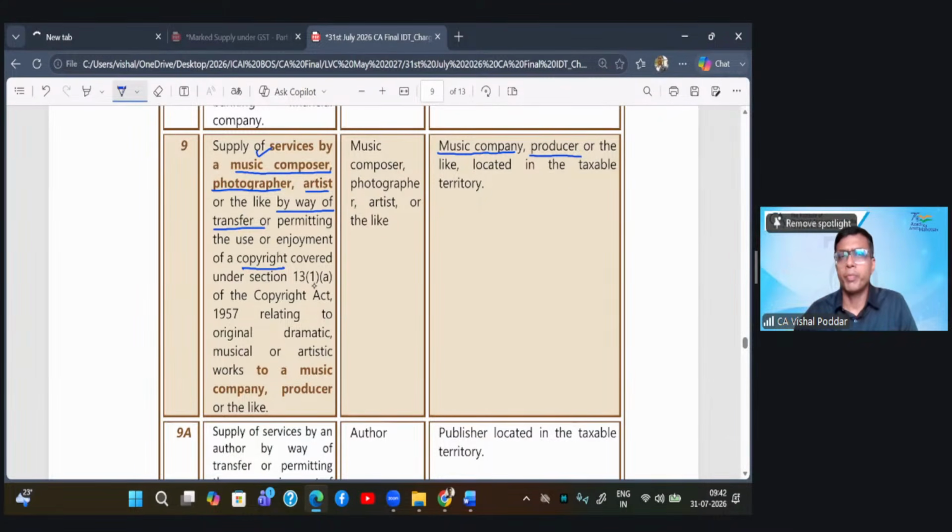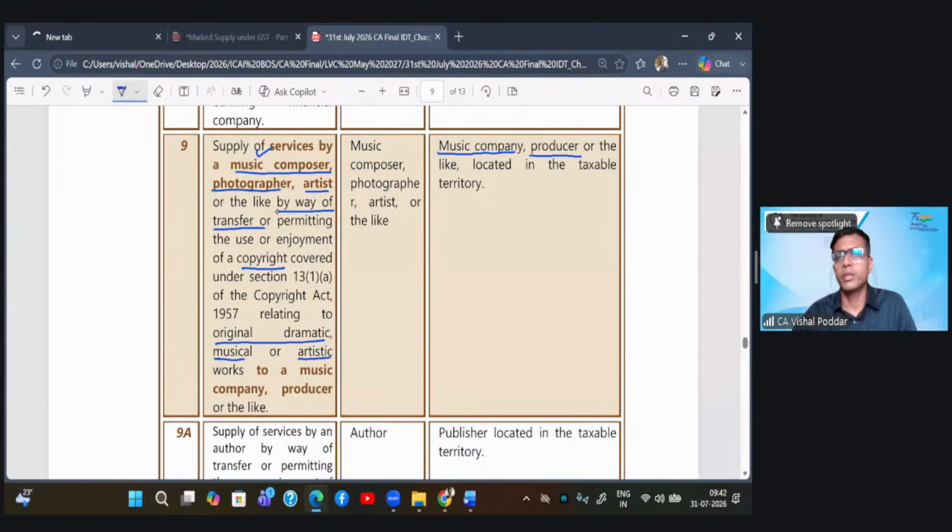And what is this copyright for? Let us say there is some story writer who has written a story and given it to this web series production house, or there is this composer, or so many other artists.